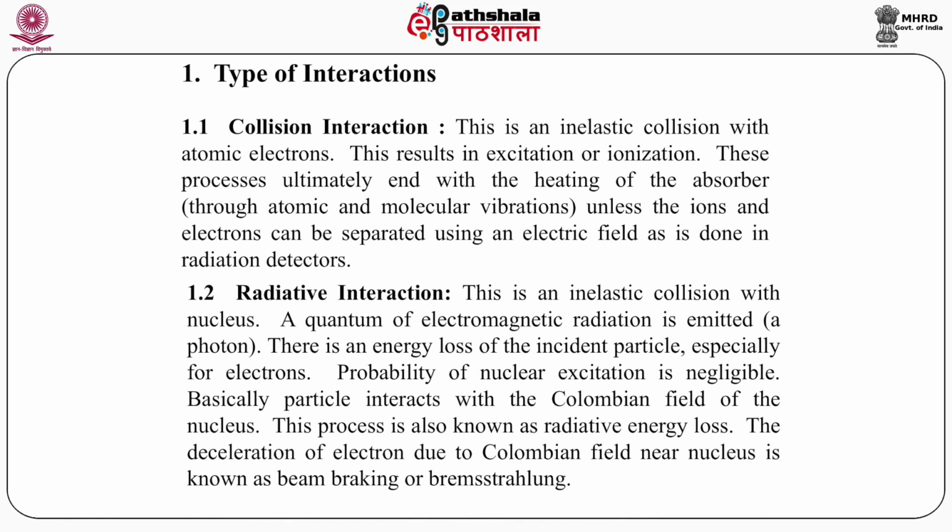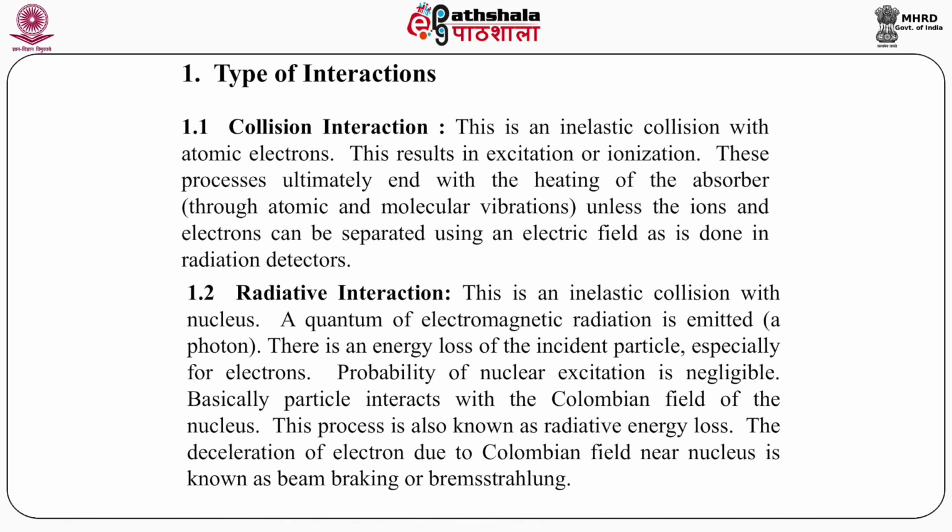These processes ultimately end with the heating of the absorber through atomic and molecular vibrations, unless the ions and electrons can be separated using an electric field, as is done in radiation detectors. In this, when a charged particle interacts with the atom, excitation of the atom takes place, and due to the vibration, energy is generated.